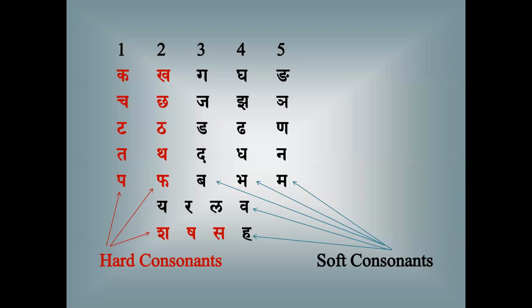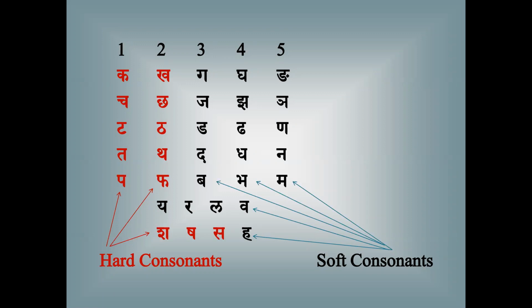The rest, 3, 4, 5, all the semi-vowels and the last sibilant are soft. Second thing is the first, third, and fifth letters are alpa prana. Second and fourth letters are maha prana. And all the semi-vowels are alpa prana, and all the sibilants are maha prana.